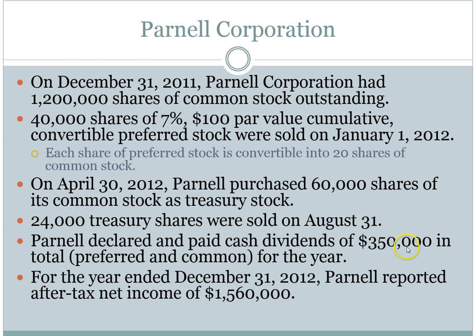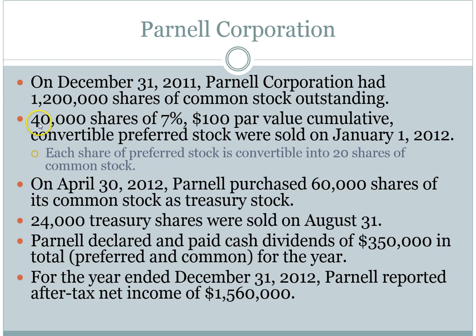A total of $350,000 in dividends were paid, but some of that was paid to the preferred stockholders. So income that is available to the common stockholders is our after-tax income, 1.56 million, minus whatever dividends we have to pay to the preferred stockholders.